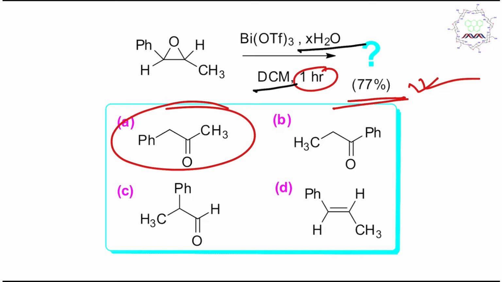Now, in this case, epoxide opening in the presence of a Lewis acid, a carbocation will be an intermediate, electron deficient with this Lewis acid. Now, where is the carbocation stable? Obviously at this position. Another thing, I haven't provided any water and no alcohol option is given, so you can understand it's a ketone. If this bond opens, then the carbon-oxygen bond will be adjacent to the methyl group.